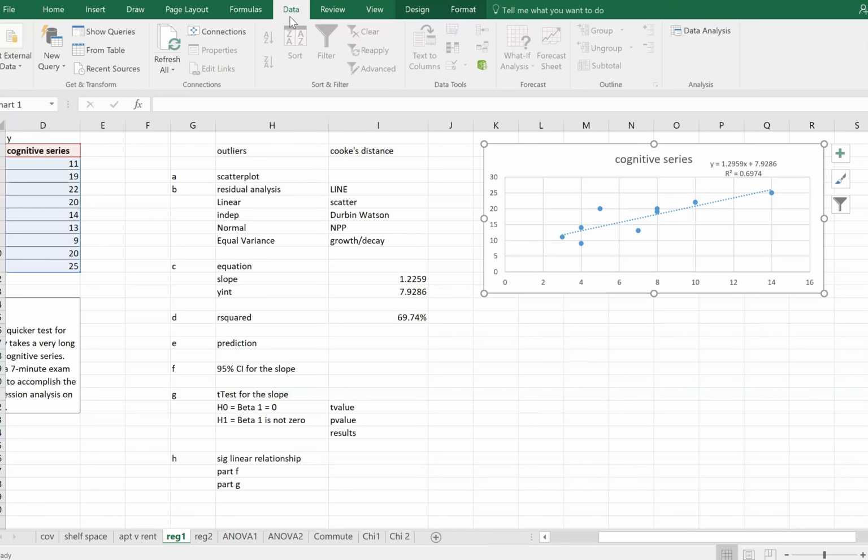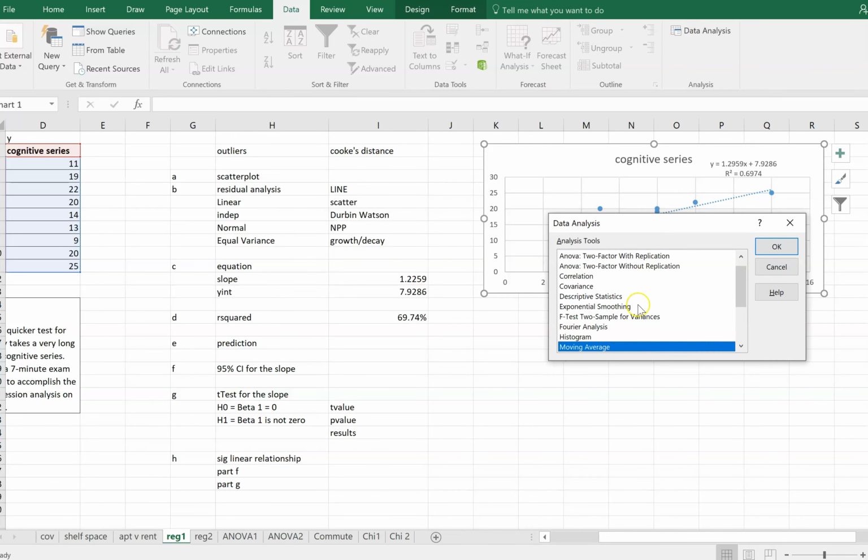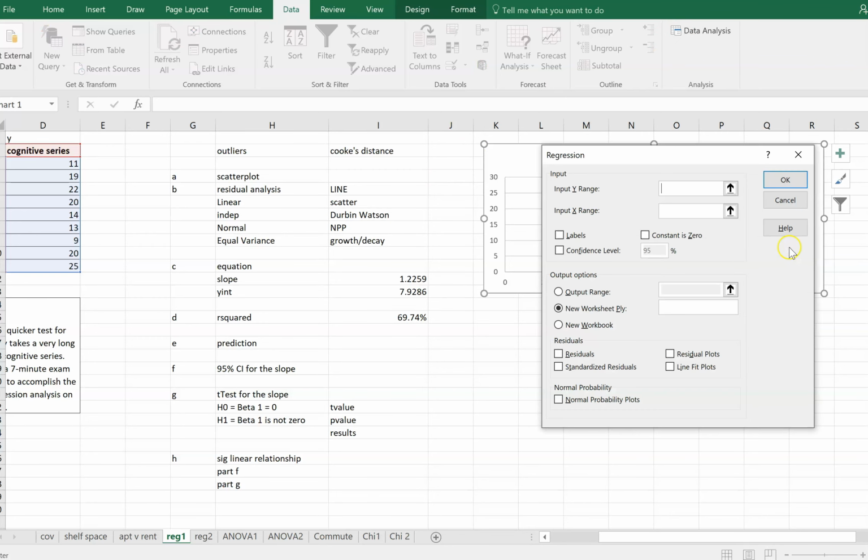So how does one do a residual check? You go to data, data analysis. Now, the reason I'm going faster is because A, you could pause the video, or B, you have looked at my previous videos that are more exhaustive in detail. So there's regression. Click OK.